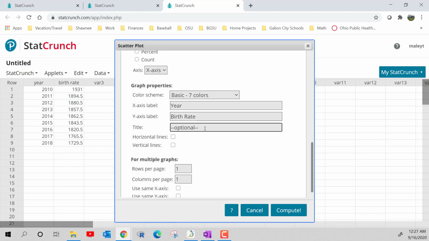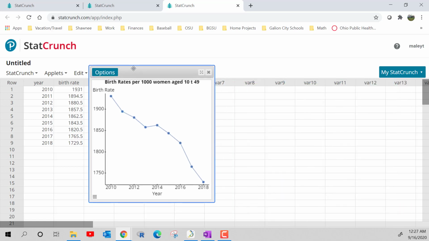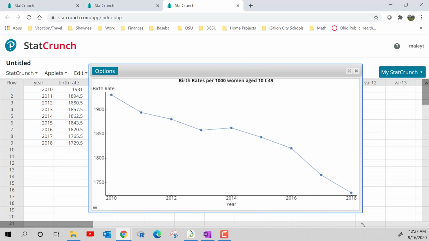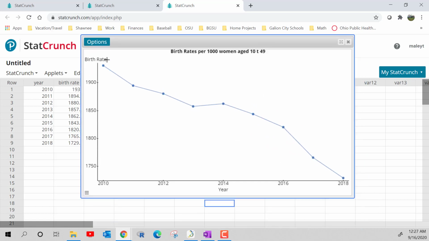And then a title for this would be birth rates per 1,000 women aged 10 to 49. All right, then I can hit compute, and we can get that graph, right? And we can see that it's really decreased over time, dramatically, right?